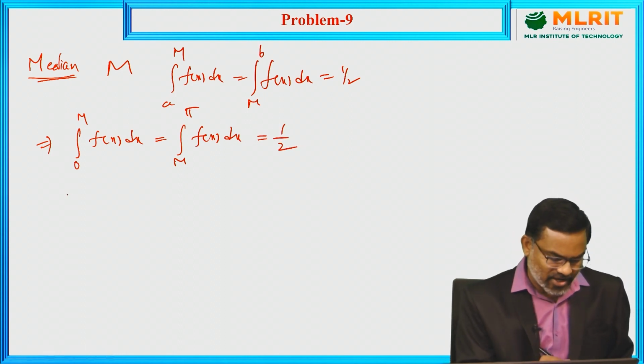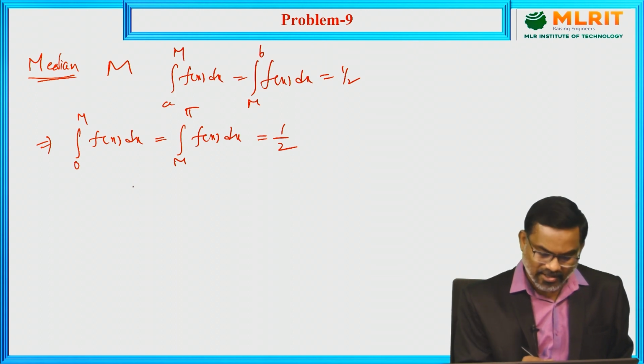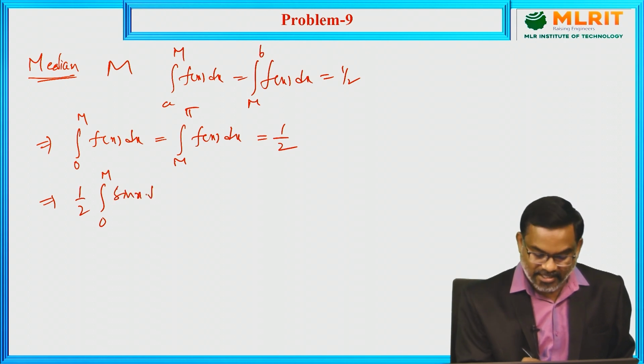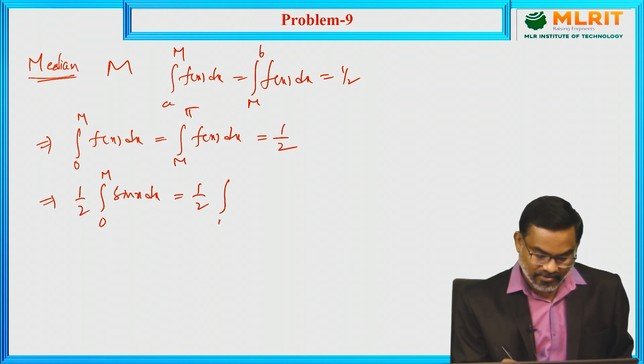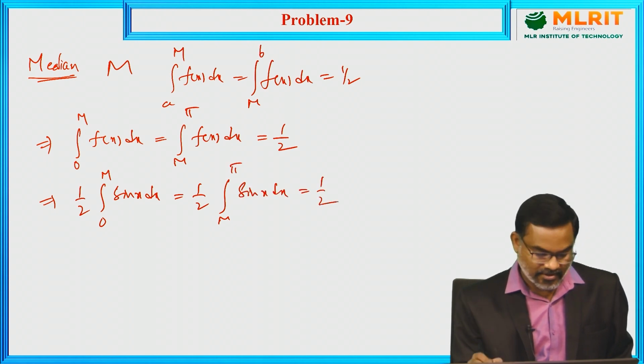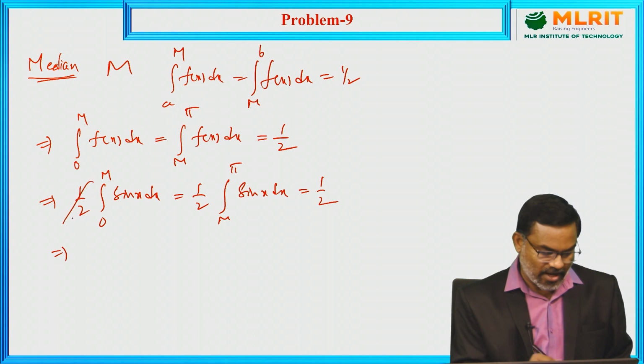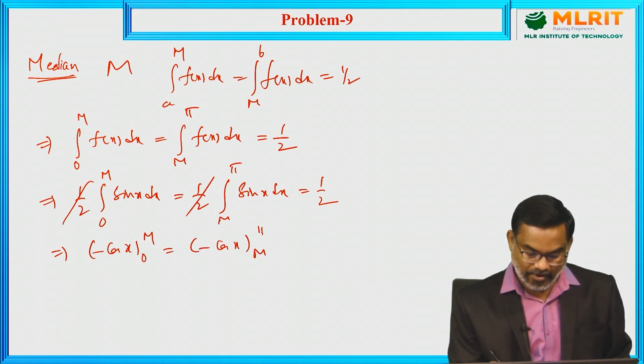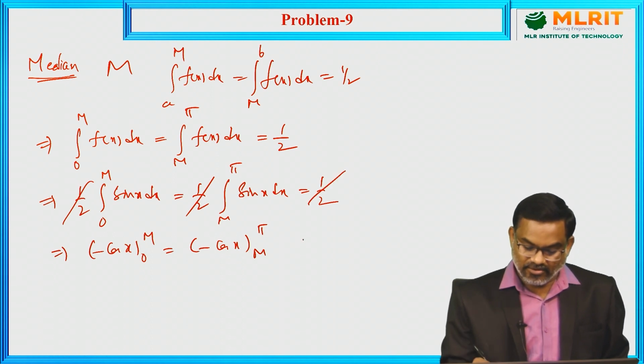So, let us consider any one of these two values. That implies half into integral 0 to m, the given function is half sin x, which is half into integral m to pi sin x dx, which is half. So, simply these two values get cancelled, and integration of sin x is minus cos x between 0 to m, which is minus cos x from m to pi, and here the values are cancelled.